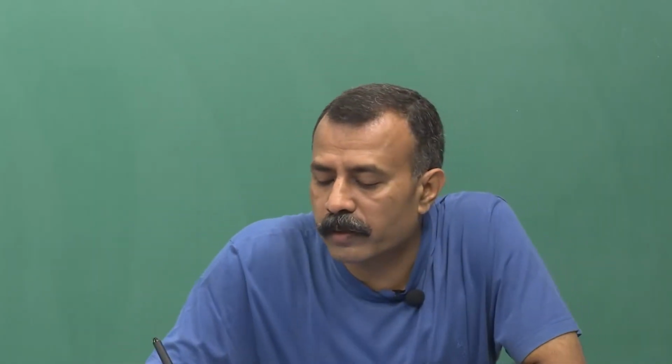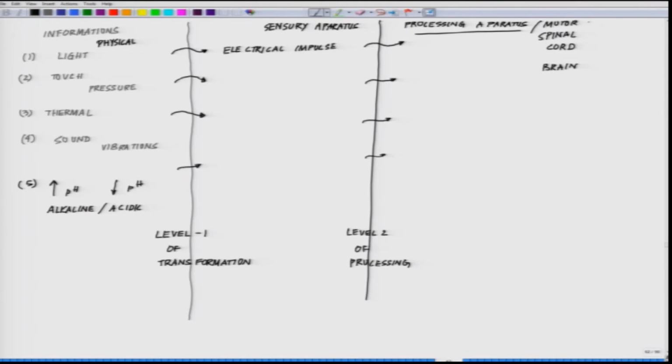So, this is a sensory system, this is pretty much the motor system. Based on that, this processed information, I am just changing the color for your understanding sake, is brought back for the execution at that specific point, level 3 of transfer of processed information.